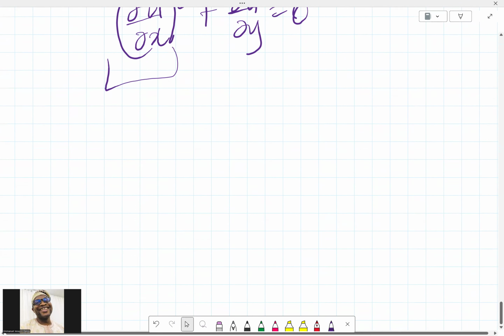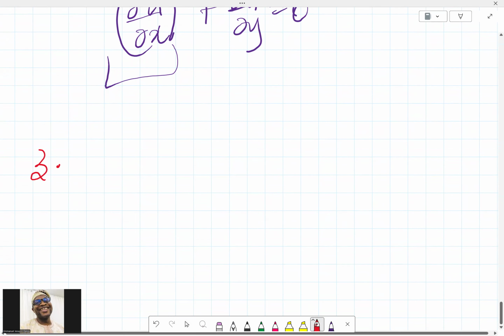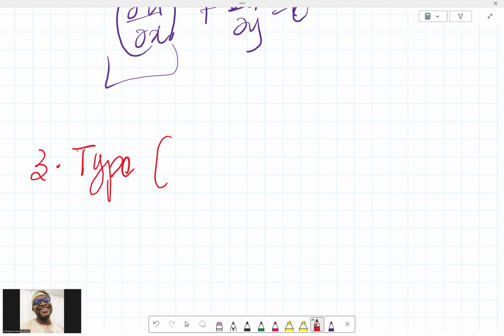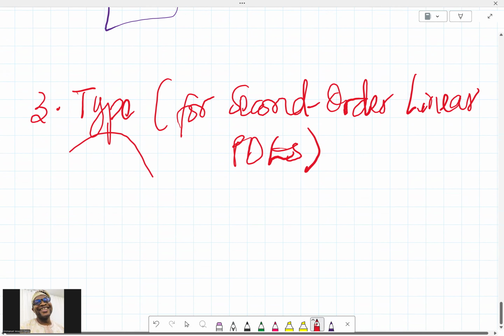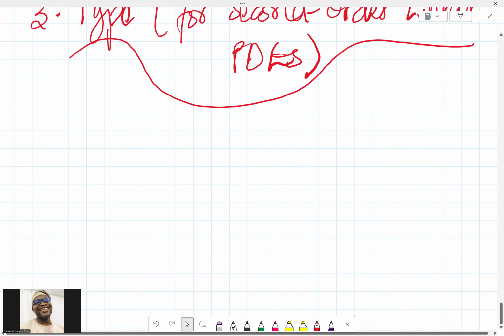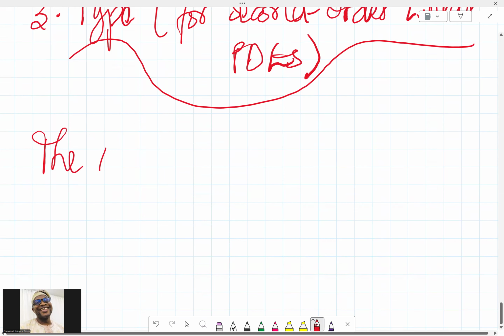So another way of classifying PDEs would be according to the type. We talk about type for second order linear PDEs. So types come into play for second order linear PDEs. And this is really important. So let's see what the classifications look like here.